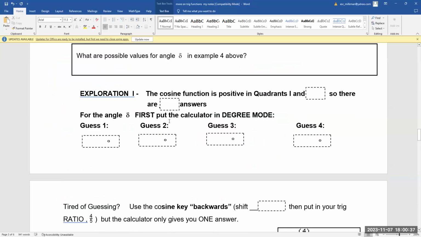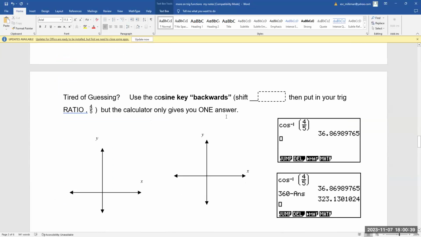Okay, so we explored, and from what I did here, you use the cosine key, you shift cos backwards. So filling in these blanks, this is just what I had said while I was at the whiteboard.